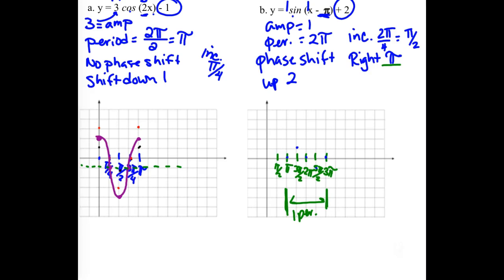So we are going to be there, up 2, up 2, up 2, up 2, and up 2. All right, so continuing our sine curve, we have oscillated now around our line y equals 2. We've shifted everything up 2.